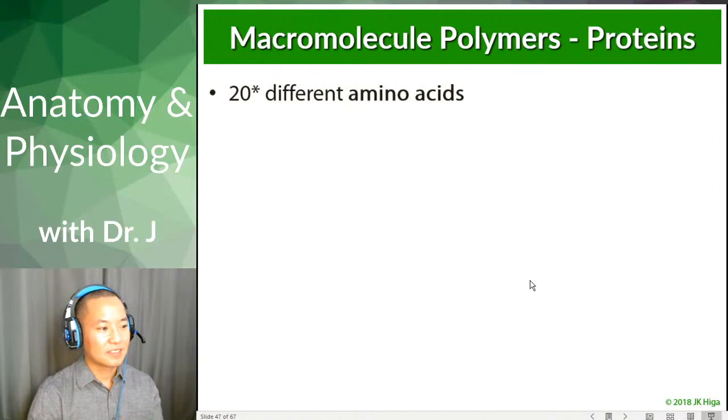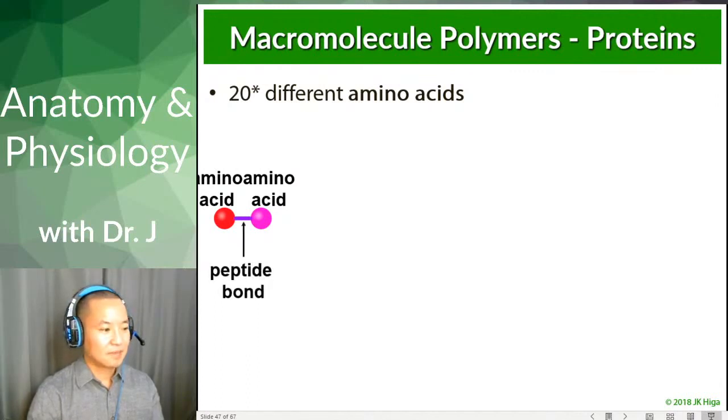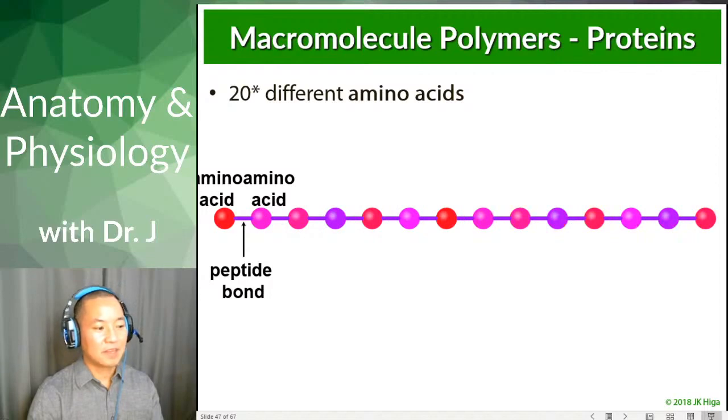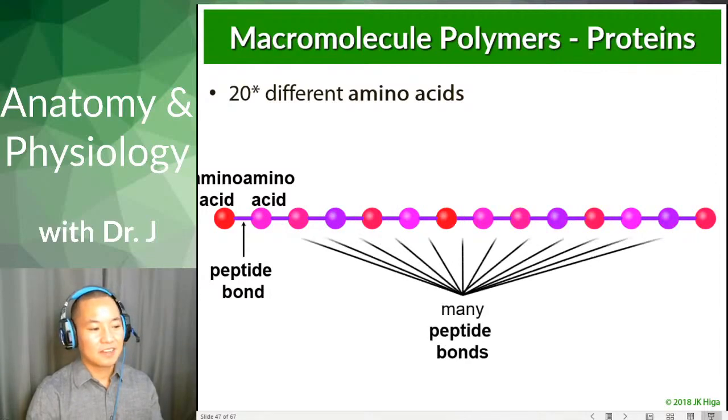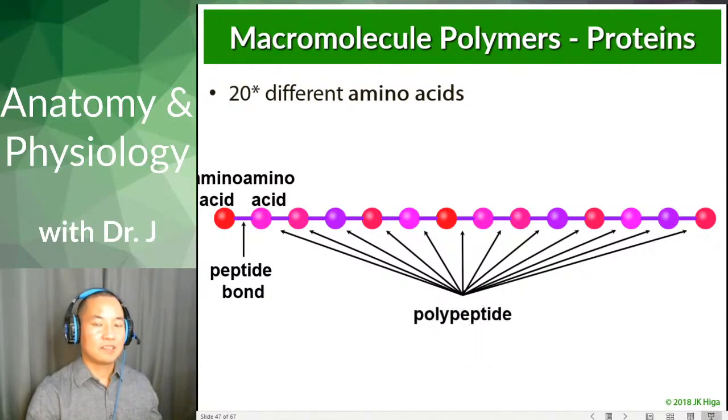on Friday. All right, so again, 20 different amino acids, not including selenocysteine. When you have one amino acid and then another, remember they're linked via peptide bonds. We have many peptide bonds linked together, which is why a long chain of amino acids is called a polypeptide.